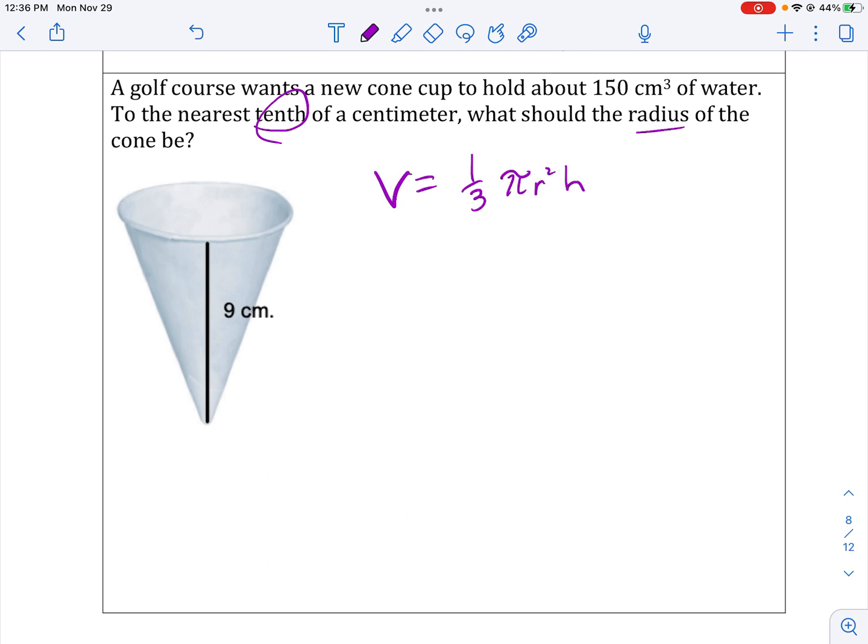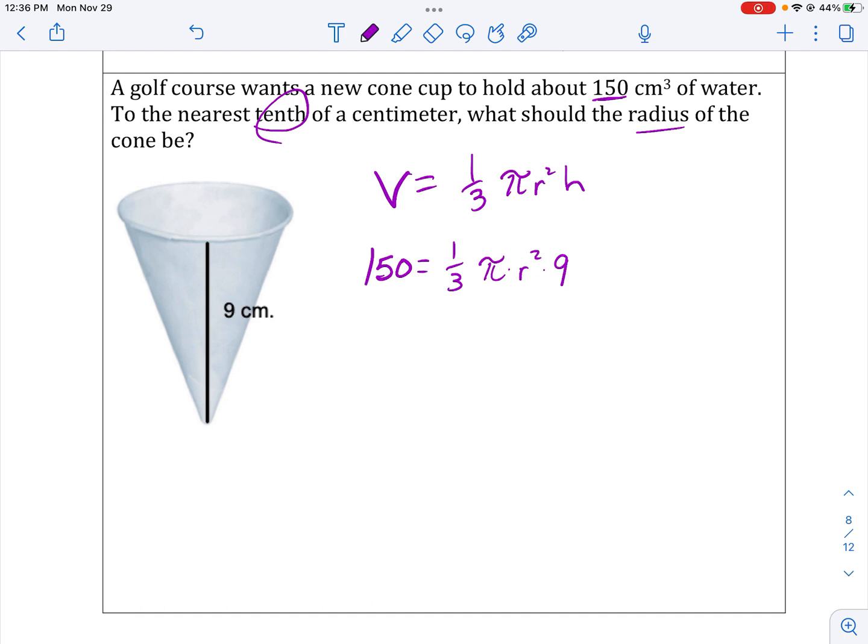Then I'm going to substitute everything that I know. So I am being told that the volume is 150. So for volume, or V, I substitute 150. I'm going to leave pi. I want to solve for R, so I'm going to put R squared.